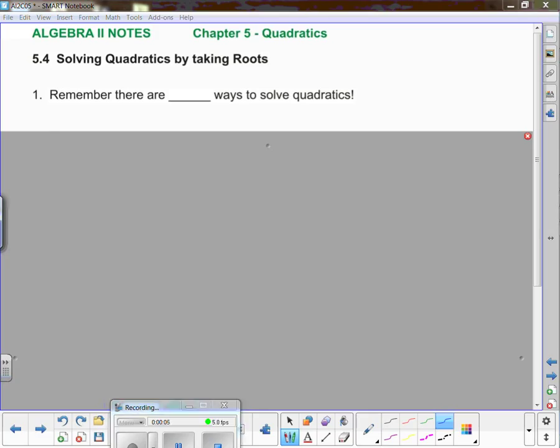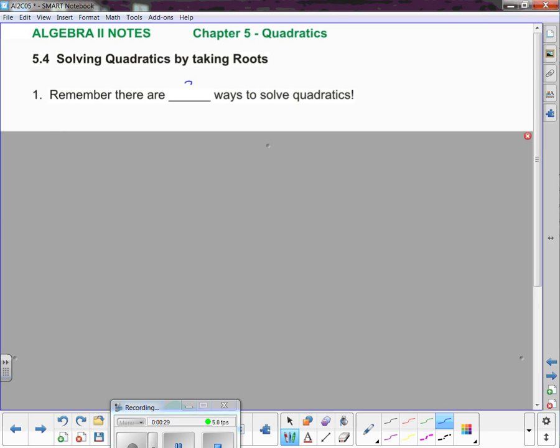But anyhow, all right. 5.4, solving quadratics by taking roots. Just be careful this chapter. There's a lot involved. So we started off with multiplying polynomials. Secondly, then we factored. Why were we factoring? So we could do what we did last night, and that's solve quadratics by factoring.